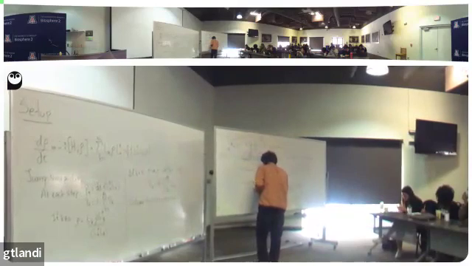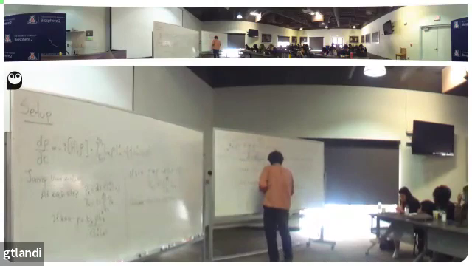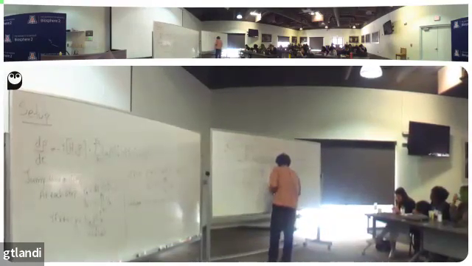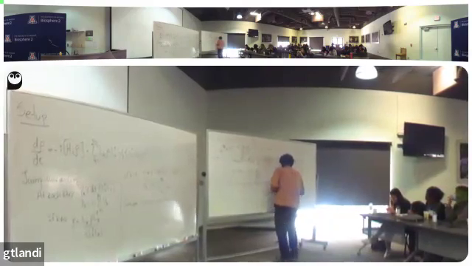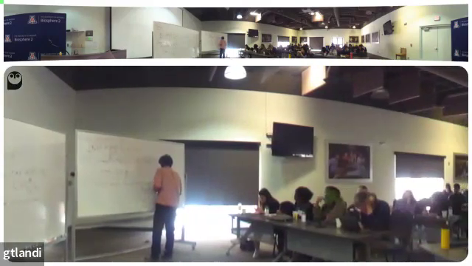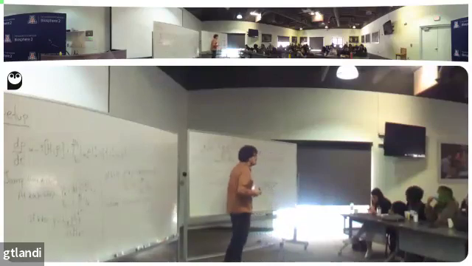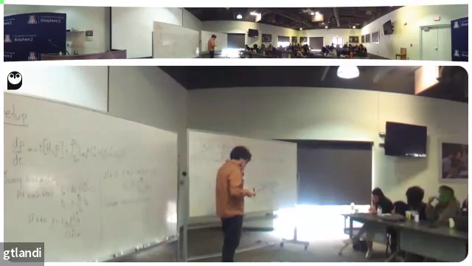F of t1, t2 is the average of the current at time t1 and the current at time t2, minus the average of the current at time t1 times the average of the current at time t2. So this tells you how the current is correlated at different times, how a click at one time is correlated to a click at a different time.